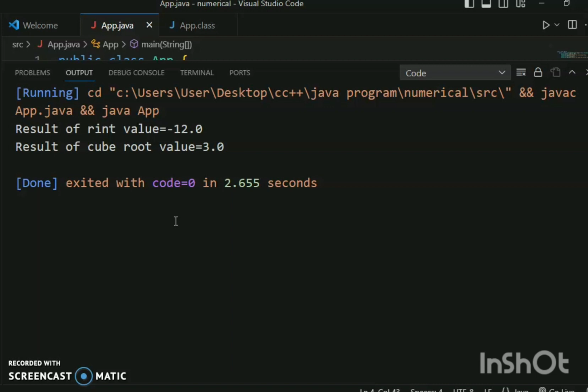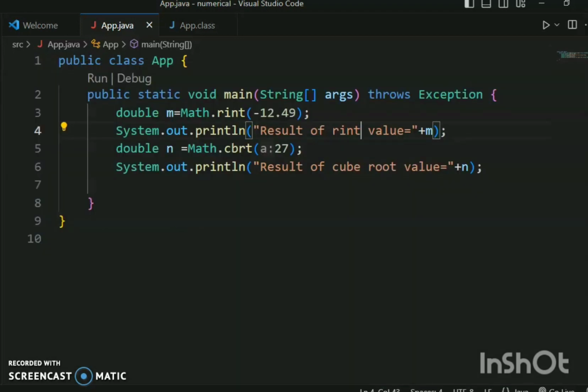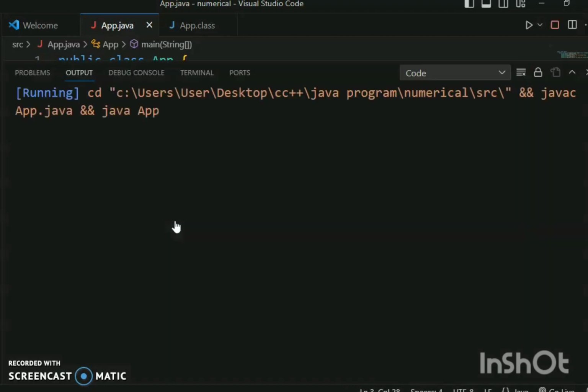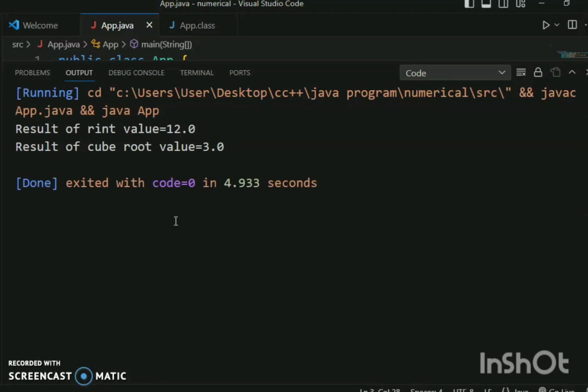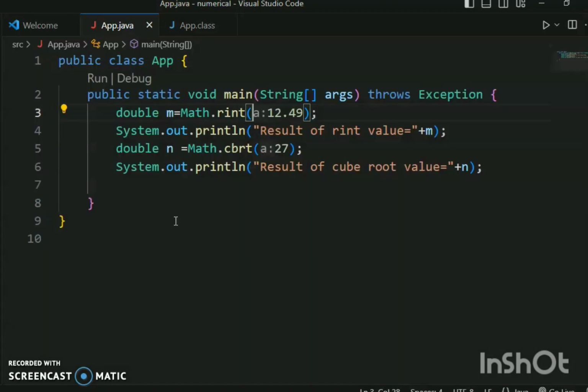If I put a positive number, the rint value is already changed. Let's check what my rint value is. My rint value is 12. Because the fractional part is less than 0.5.